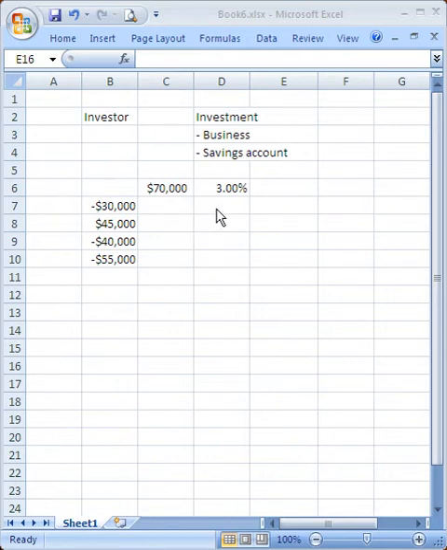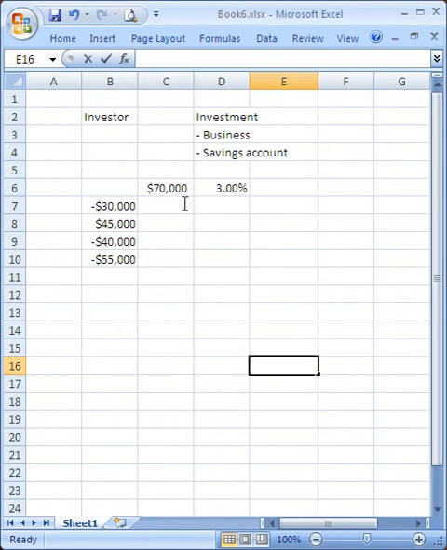For example, could it be a savings account that earns 3% interest? Let's check. If we had a savings account that paid 3% interest and we put in $70,000, then at the end of 1 year, we'd have our $70,000 plus the 3% interest we earned.